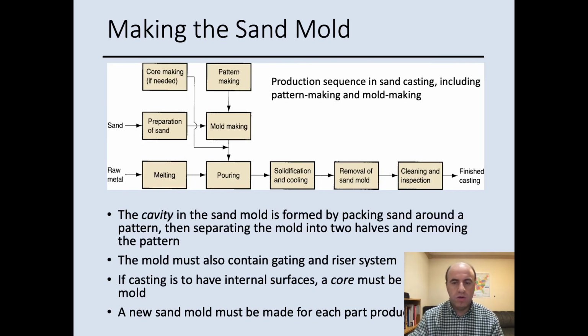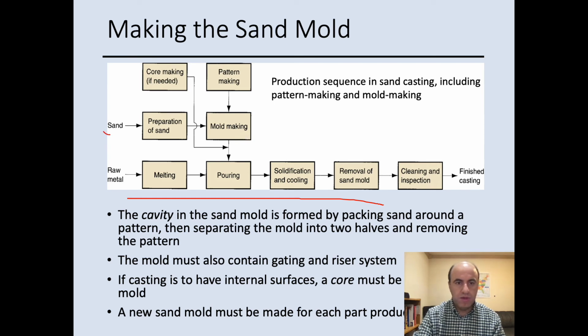Here are the steps for making the sand mold. Here you see the raw material is going to be melted, then it's going to be poured into the sand mold, solidification.